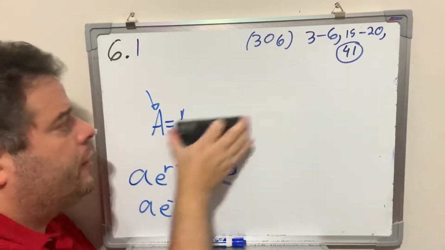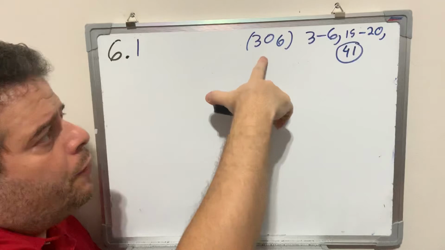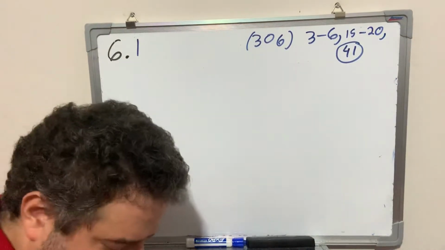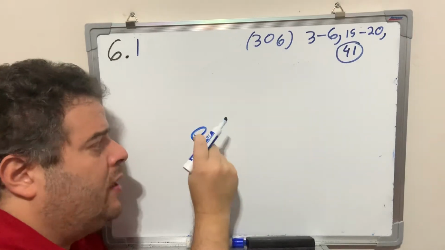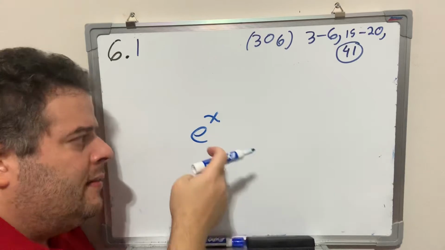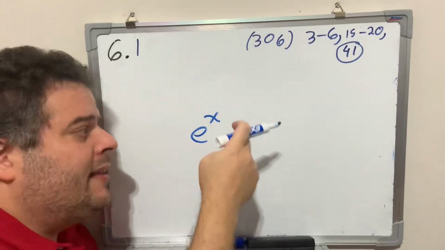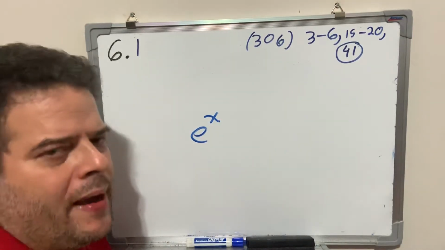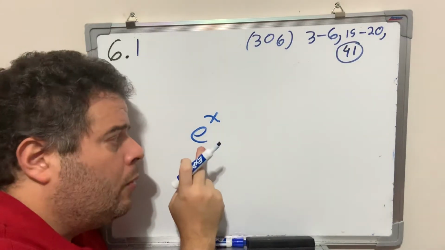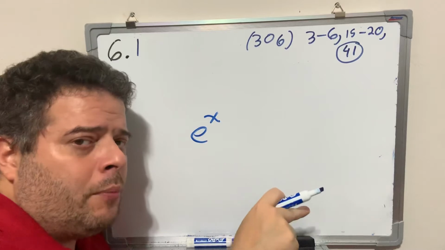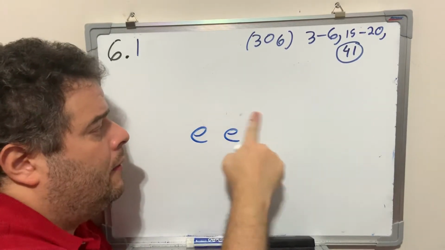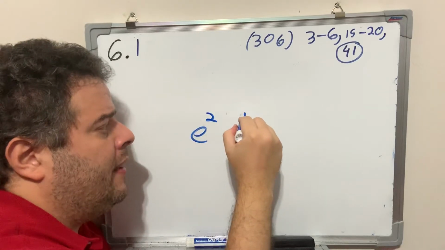Now for the homework, on page 306, you're going to do problems 3 to 6. Now in 3 to 6, we're using natural base with exponents. So now you're going to be mixing the natural base and the rules of powers, exponents, radicals, division, etc. Now for these problems, even though E is not a variable, you can treat it just like normal rules apply that you already know.